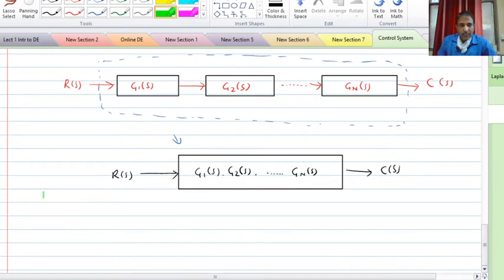algebra techniques. Takeoff point. Now in case of takeoff point, we have to take two different conditions. First, takeoff point across a block.